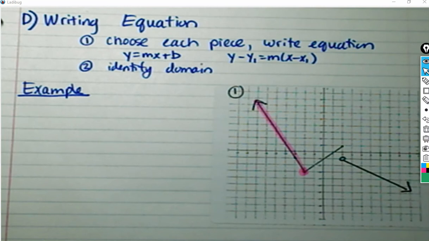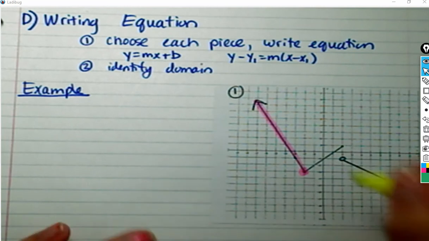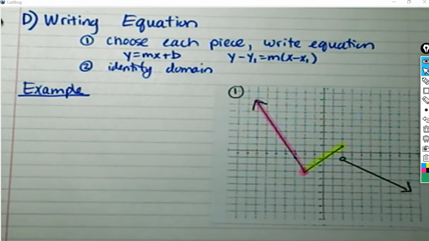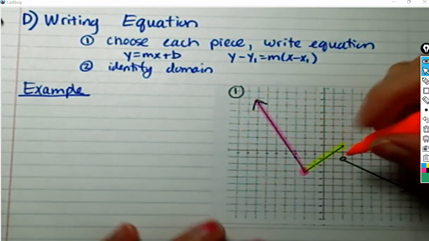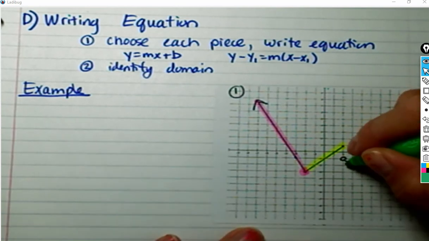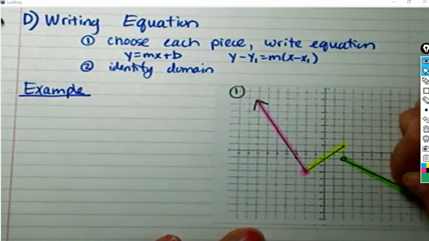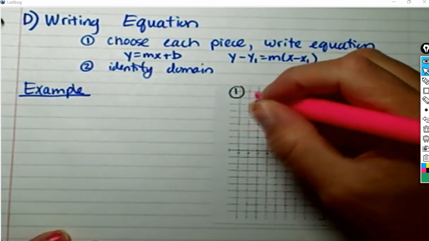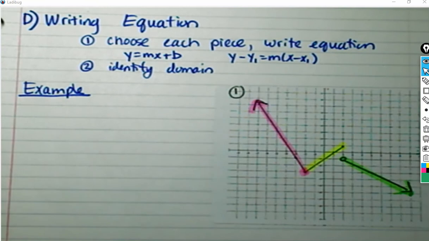I'll have pink, yellow, and I guess green is better. So I have 3 pieces here. And I'm going to write on the graph. I'm going to work with the pink piece first, and I'm just going to write the equation of the pink piece.